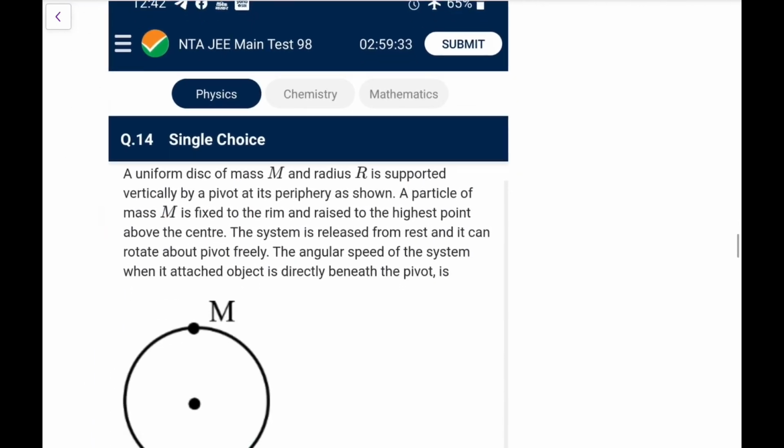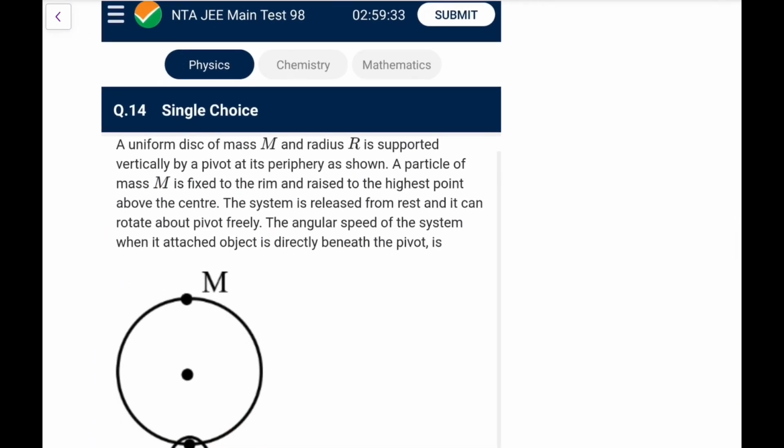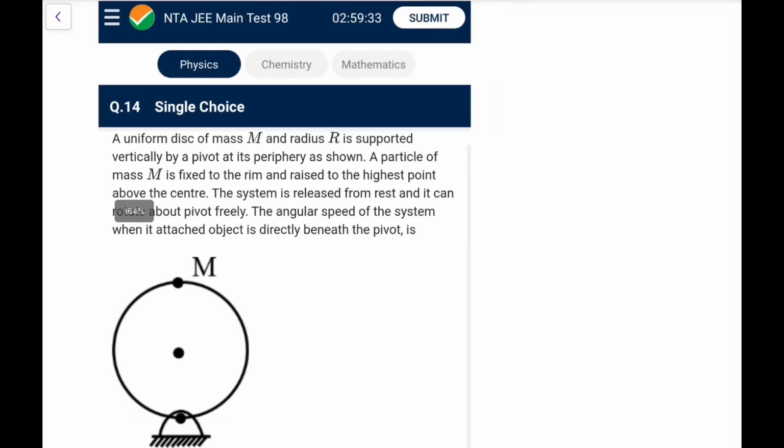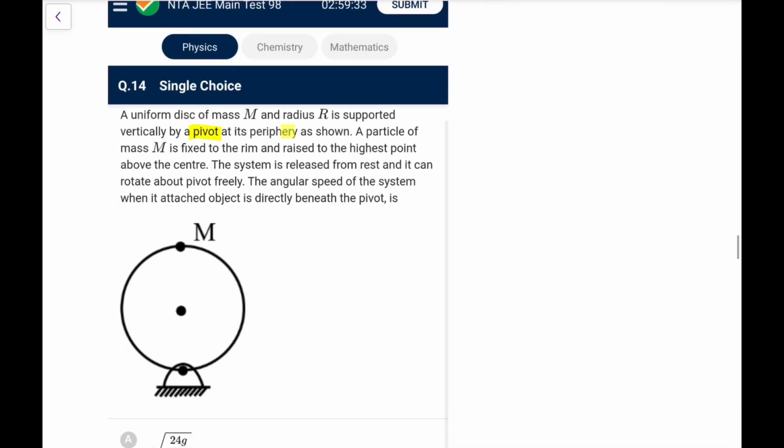Next one, you have a uniform disk of mass m and radius r, supported vertically by a pivot at its periphery. A particle of capital M is fixed to the rim and raised to the highest point above the center. The system is released from rest and it can rotate about the pivot freely. The angular speed of the system when the attached object is directly beneath the pivot is.